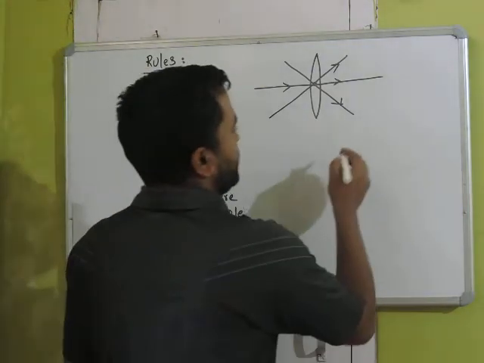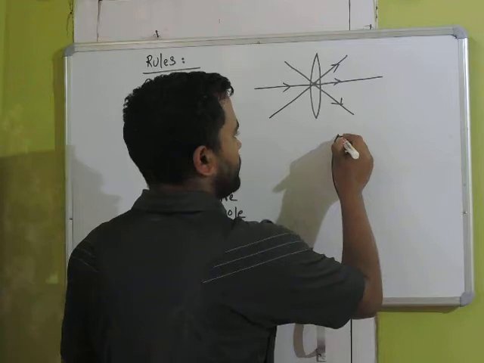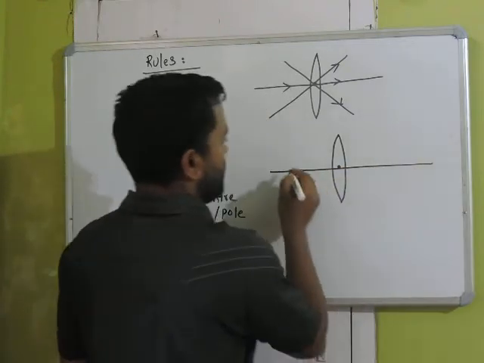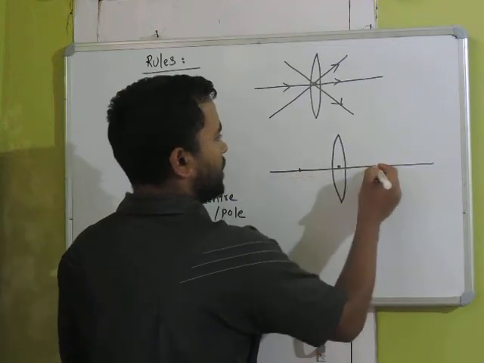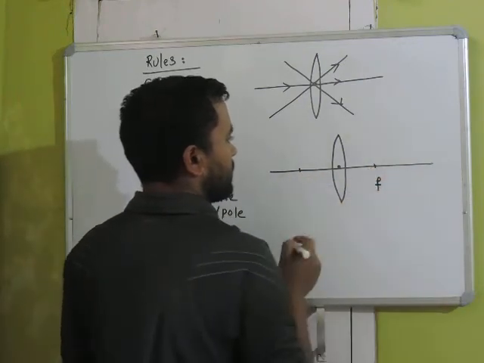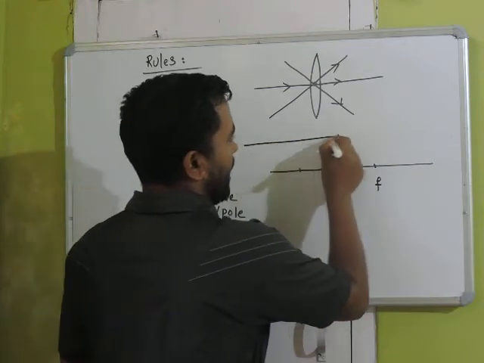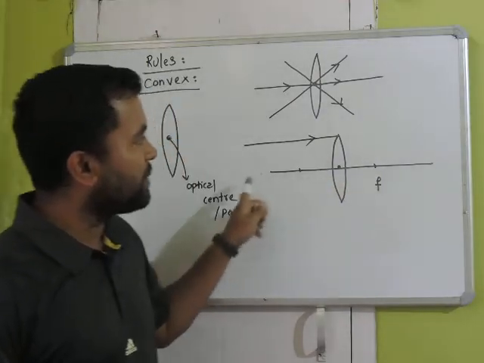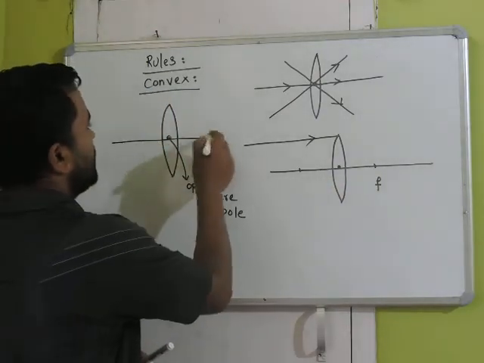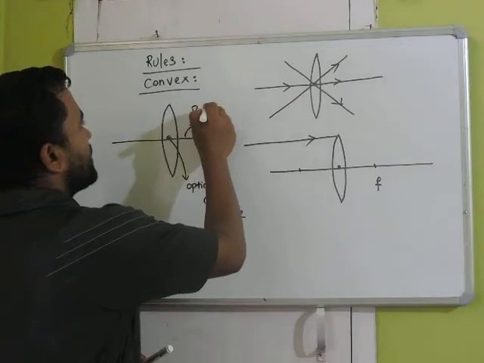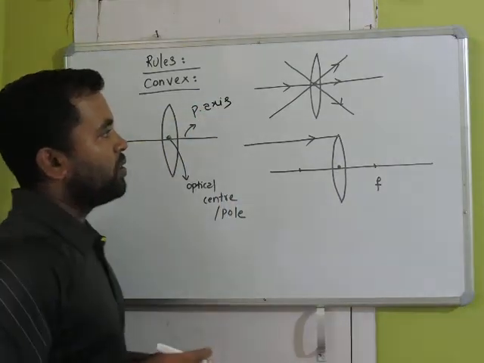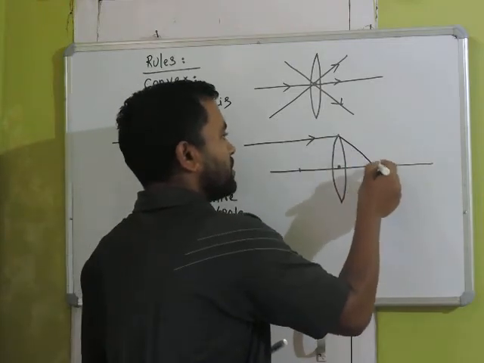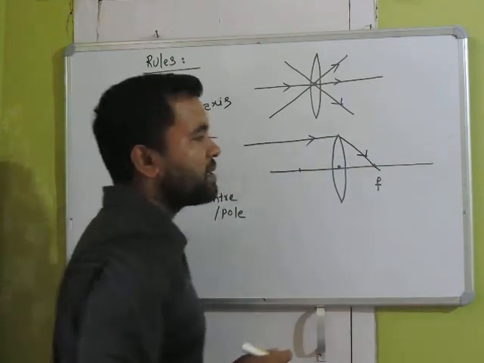The second rule is that, suppose this is the focus, if a ray is parallel to the principal axis, and this axis is called the principal axis, then a ray passing parallel to the principal axis will pass through the focus after refraction. This is the second rule.